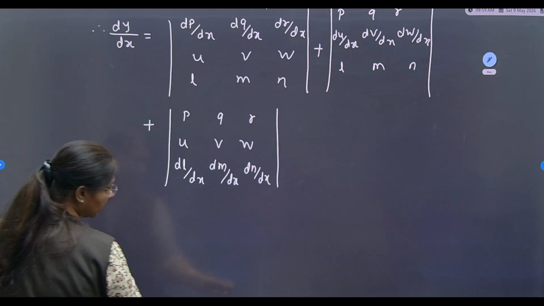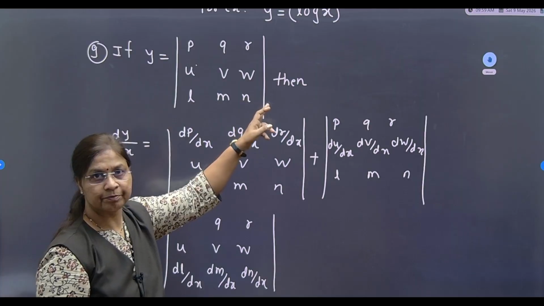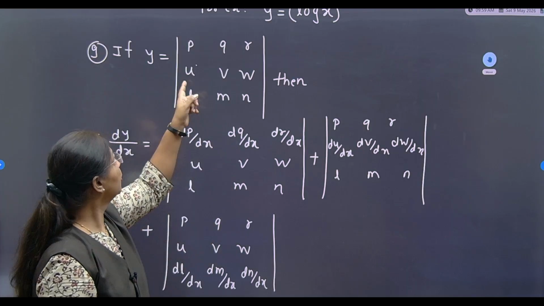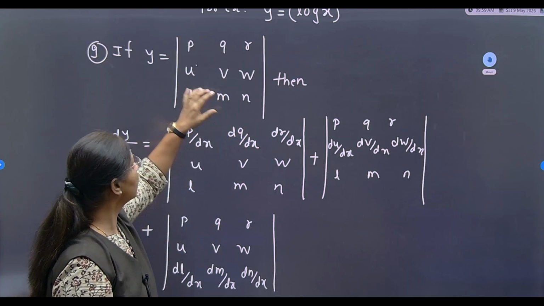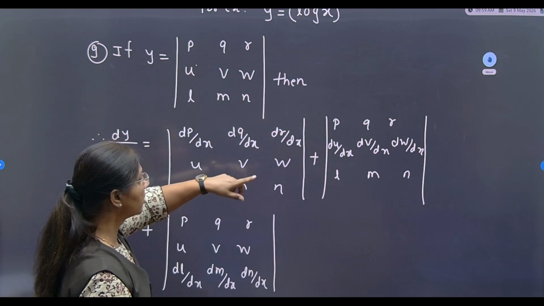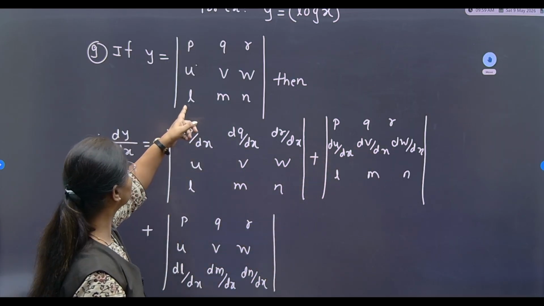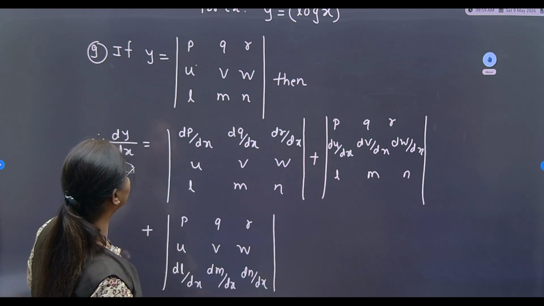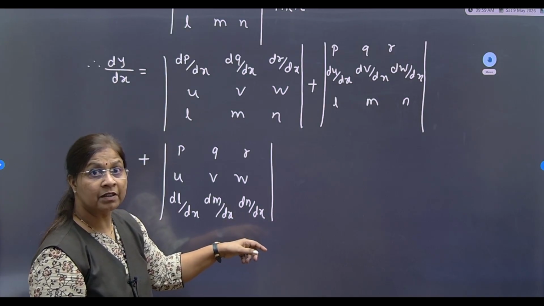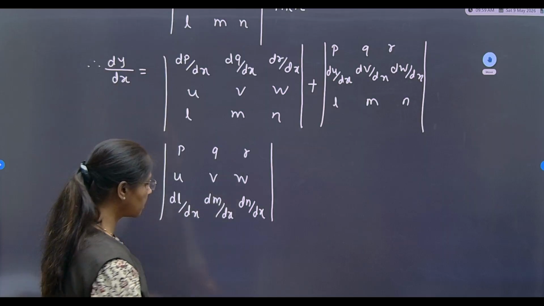And next result: suppose U, V, W and L, M, N are constants. Then we know that the derivative of a constant is 0. Therefore in the second term, all elements of the second row are 0, 0, 0, and the derivative of the third row elements, L, M, N, is 0, 0, 0. After expansion, the last part is 0 and the second part is 0.